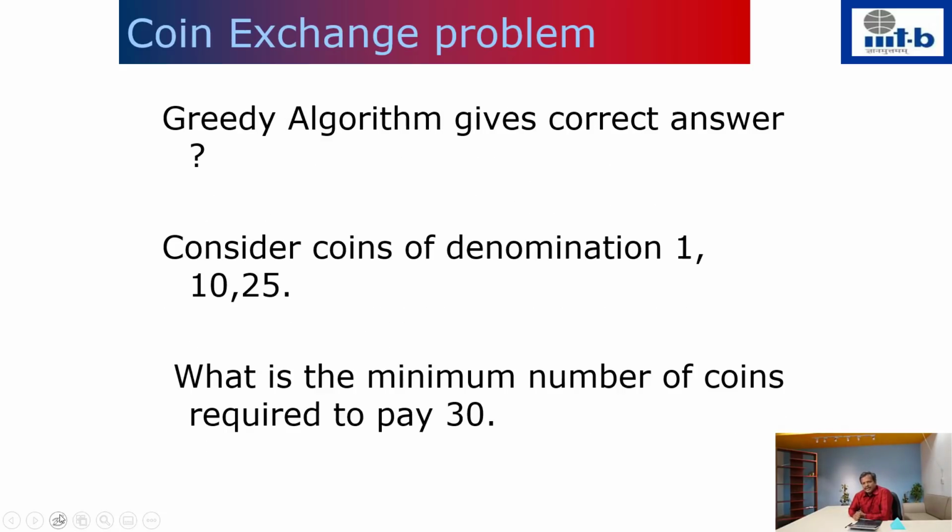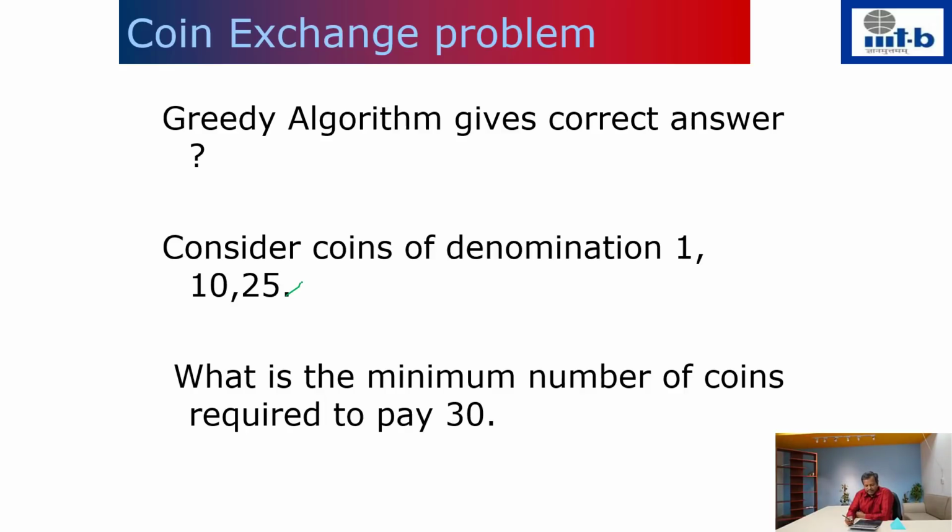Let's look at a simple example. Let's look at coins of denomination 1, 10 and 25, and we want to pay for 30 using the minimum number of coins. If I apply the previous algorithm, we will end up picking 25. Then you have to pay for 5.